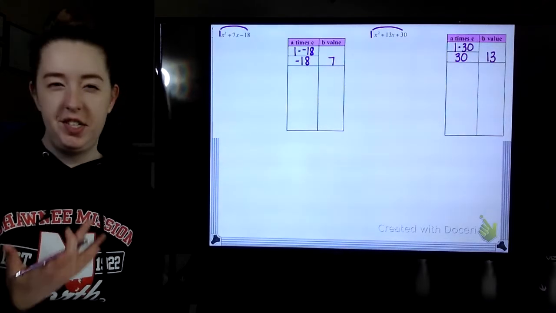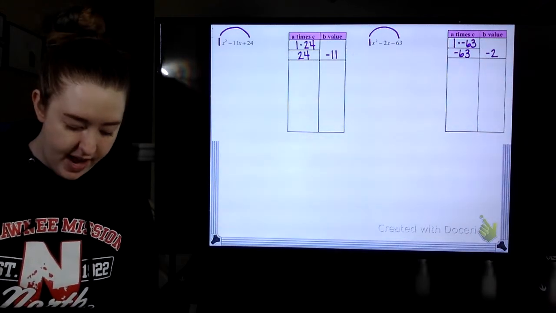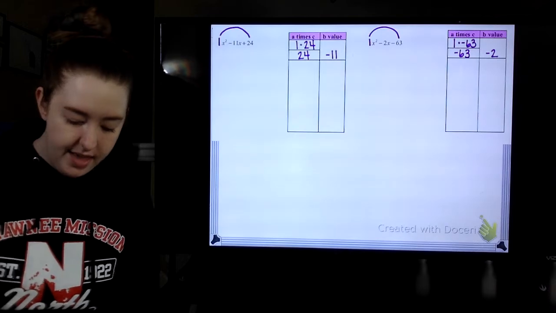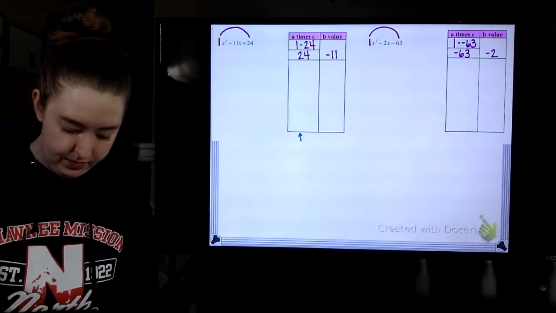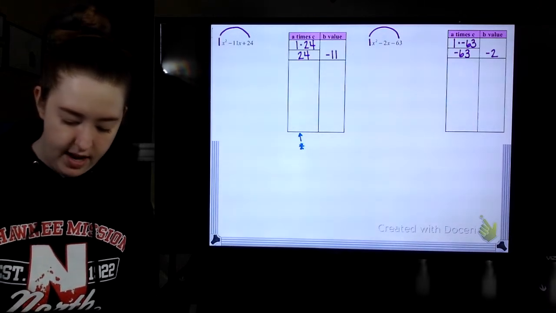So what do we have to do with these two numbers? What we want to do is find two numbers that multiply to a times c and add to b.